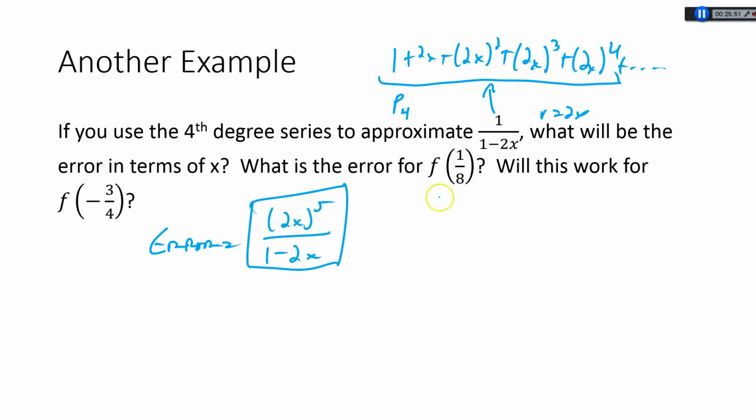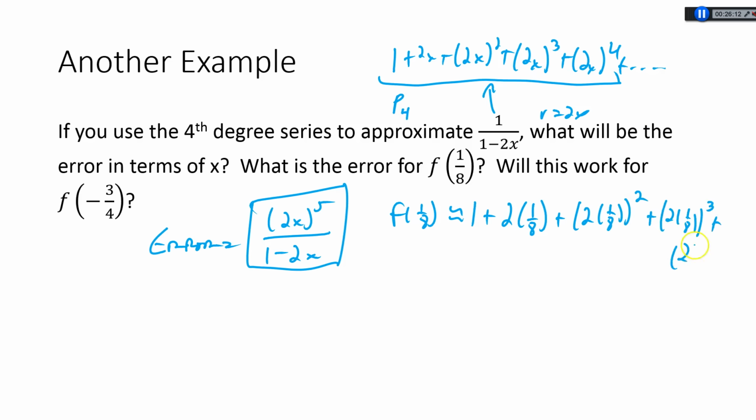So I say, what is the error for f of 1/8? This is saying if we use the fourth degree to approximate this, that'd be 1 plus 2 times 1/8, plus 2 times 1/8 squared, plus 2 times 1/8 cubed, plus 2 times 1/8 to the fourth.